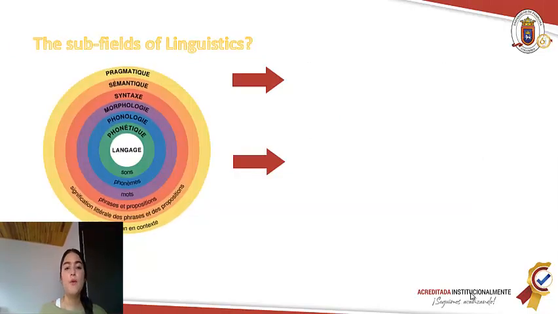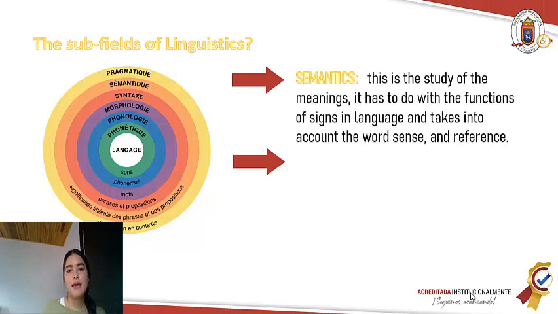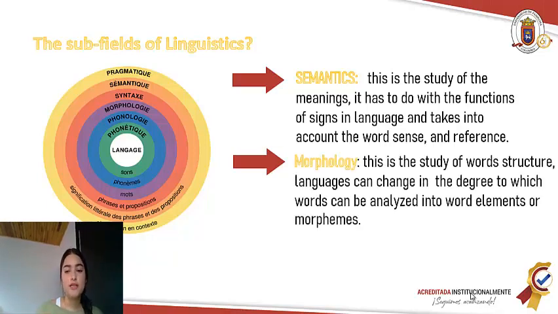Now, let's continue with the linguistic branches. First of all, language is a phenomenon with many layers, from the sounds that the speakers produce to the meaning of these sounds expressed. So I'm going to mention the most common linguistic branches. First of all, semantics. This is the study of meaning. Let's continue with morphology, that is the study of word structures.